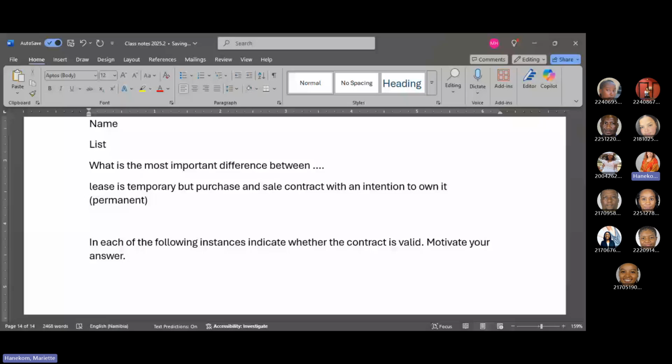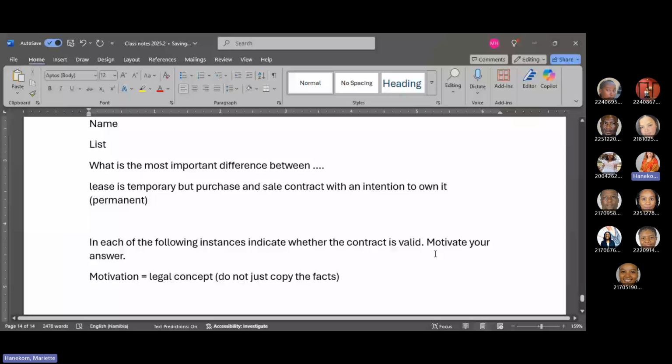The motivation, remember, refers to the legal concept. Do not just copy the facts. If you just copy the facts, chances are that you will lose marks. So the example here, I've referred to whether the contract is valid. There's a lot of options there.